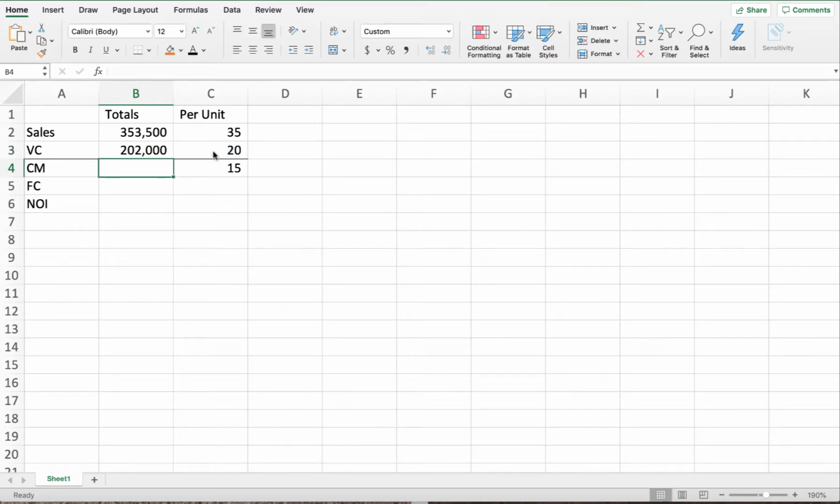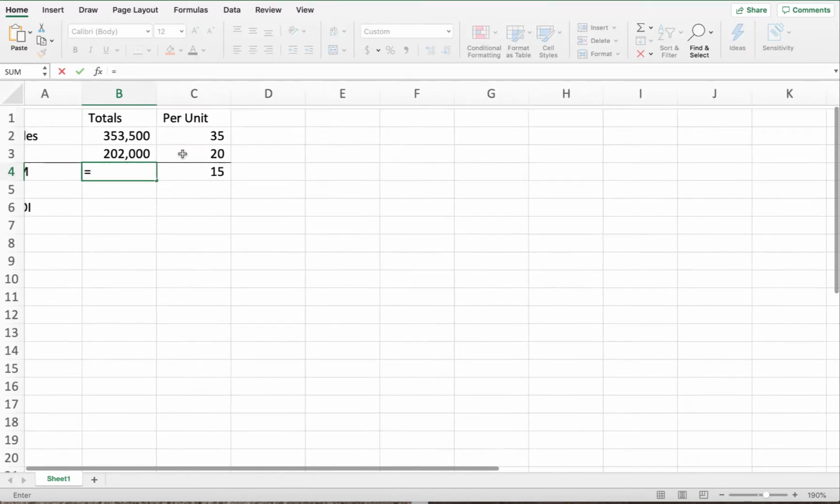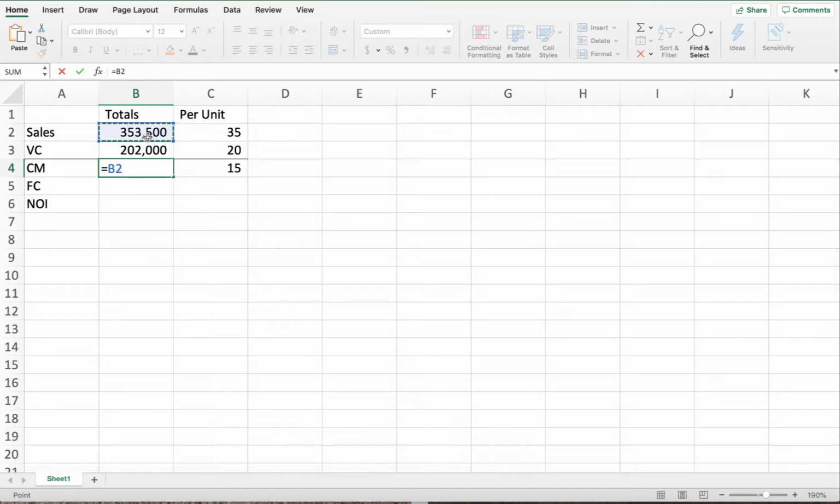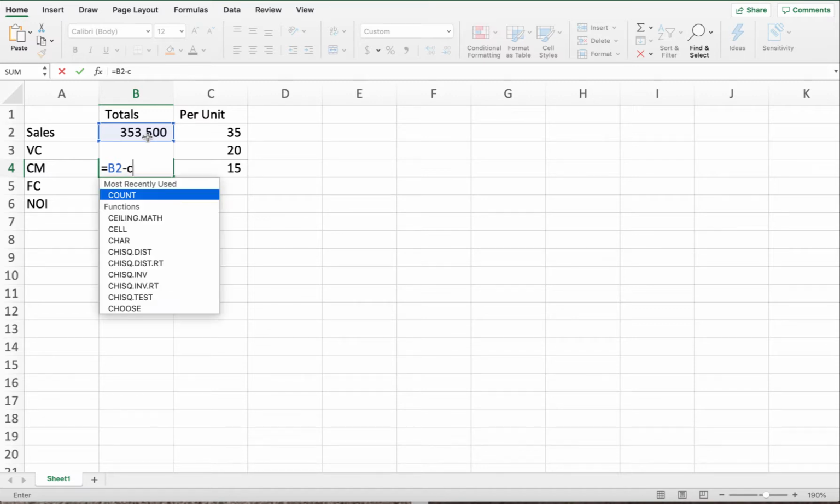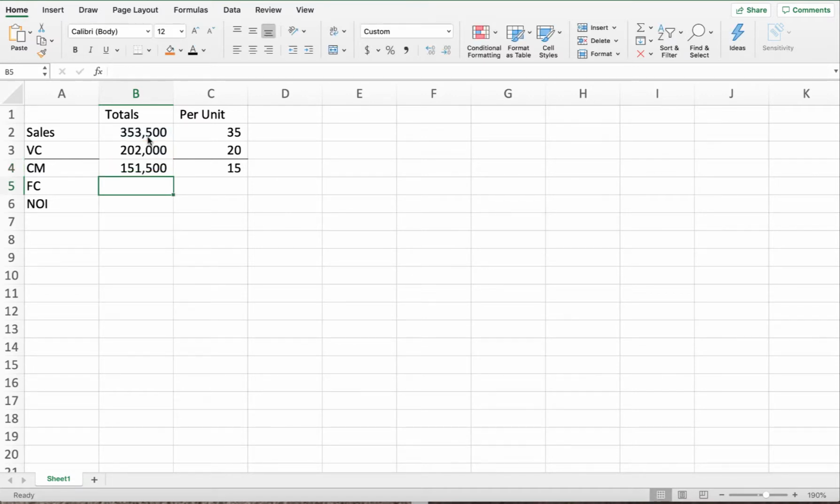I get $202,000 of variable cost. To figure out my contribution margin, very easy. I take my total sales, subtract out my total variable cost, and I get $151,500.